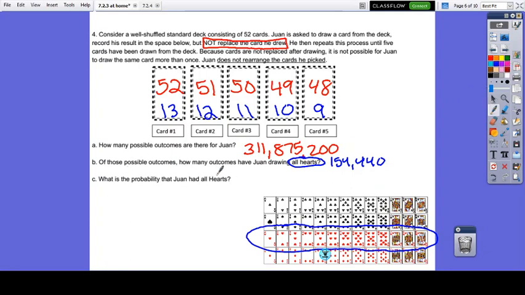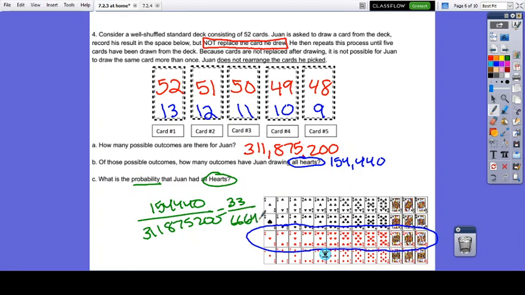So the probability that he had drawn all hearts, again, we're back to that probability, is going to be that 154,440 over that 311 million. And if you solve this out, it doesn't come out to a great fraction, 33 over 66,640.